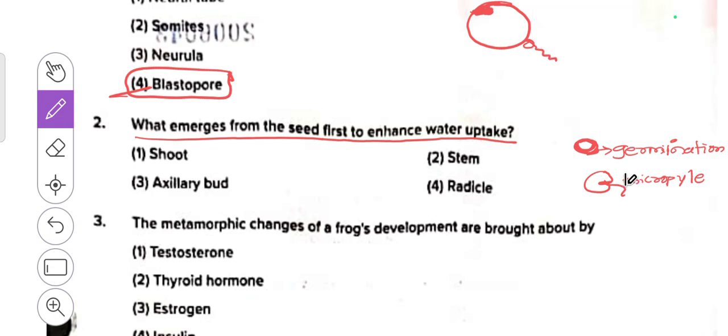As soon as the seed undergoes germination, it will form a radicle, that is the root apex. This root, as soon as it is formed, will absorb water and send it to the leaves for photosynthesis. So the radicle will enhance the water uptake. So the fourth one is the right answer.